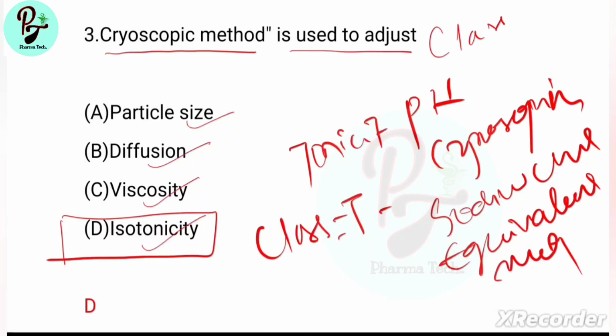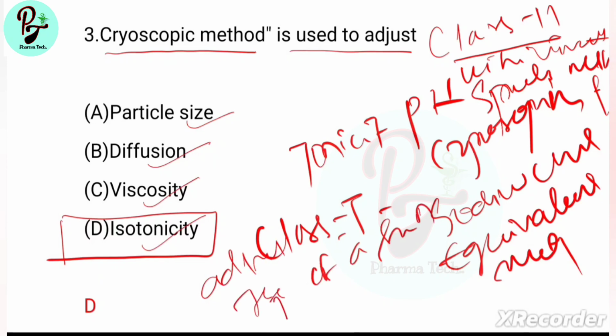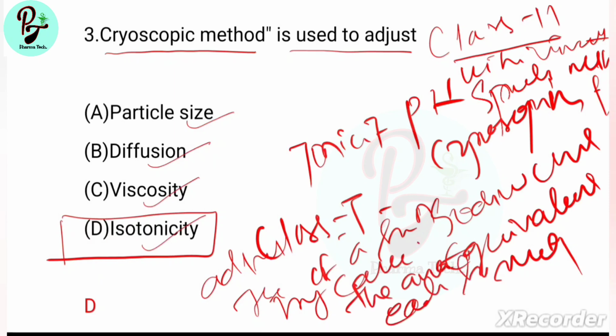Class 2 methods are the White-Vincent method and Sprowls method. The cryoscopic method adjusts the isotonicity of a solution by calculating the amount of each substance needed to achieve the desired freezing point.